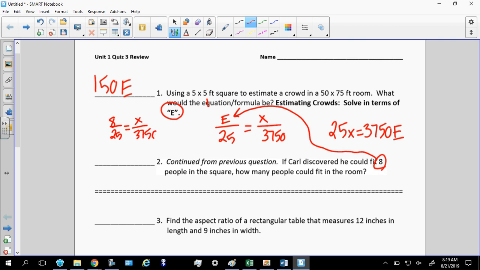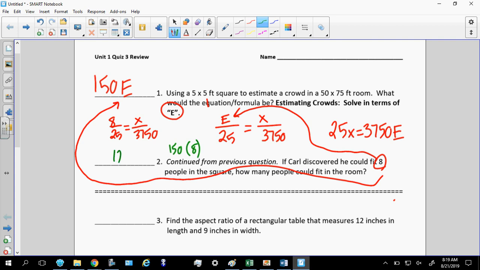You can do that formula, or what I would just recommend you do, and that is just take 8, plug it in for E. So I'm going to try to do this in green here just so it kind of stands out. So 150 times 8, do the math, and you get 1,200. There you go.